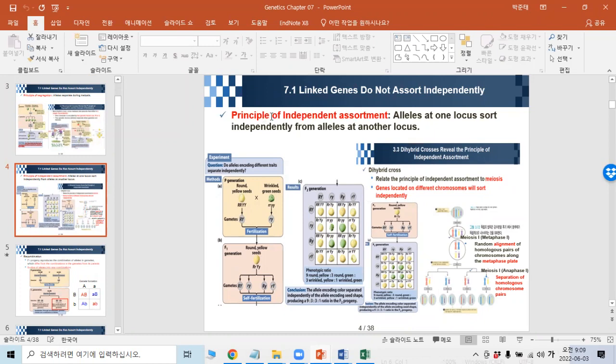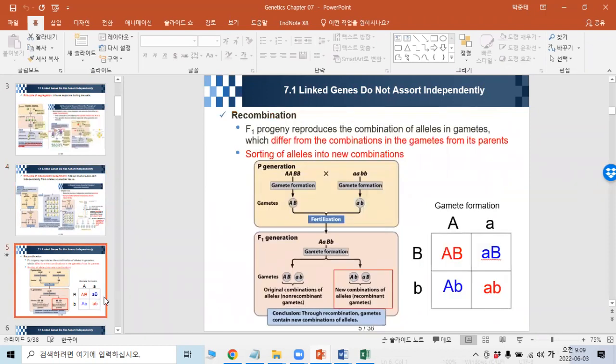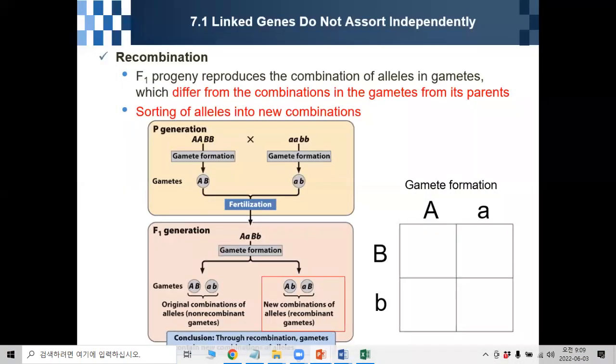Based on the principle of independent assortment, in the F2 progeny we have the 9:3:3:1 ratio. We have to know this concept.